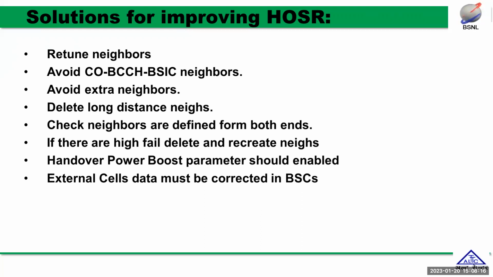If there are high failures, delete and create neighbors. The handover power boost parameter should be enabled so that the handover command can be sent at maximum power. External cell data must be corrected in the BSC so that inter-BSC handover can easily take place.